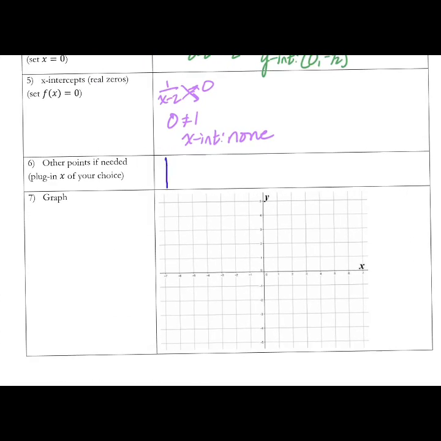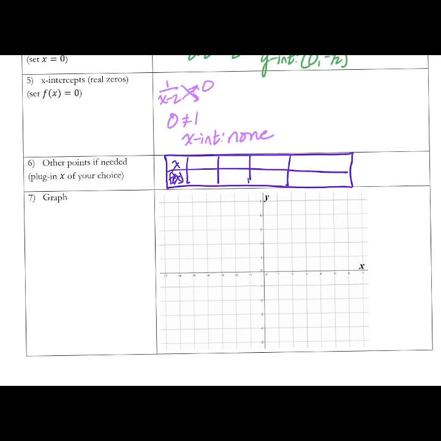And now we are going to graph all the little bits that we have and see if there are any extra points I need to find. Okay, so what do I know? Well, I know that I have a vertical asymptote at 2.